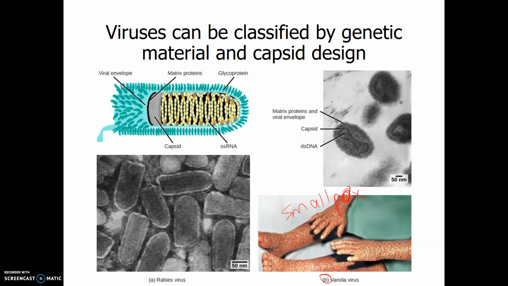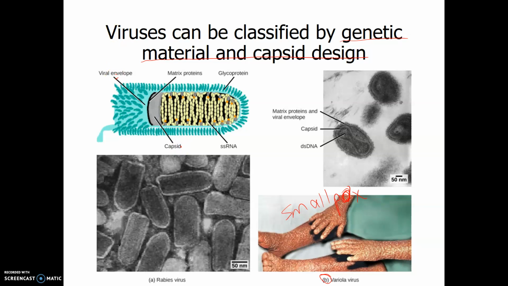Okay, so viruses can be classified by genetic material and capsid design. And here what we can see is you have the rabies virus, which has a capsid, and then it's got an envelope outside, and it's got single-stranded RNA for the genome. So it's got a capsid. It also has an envelope.